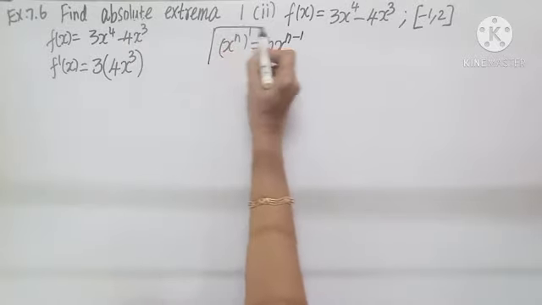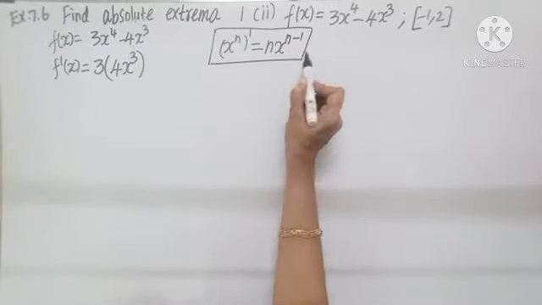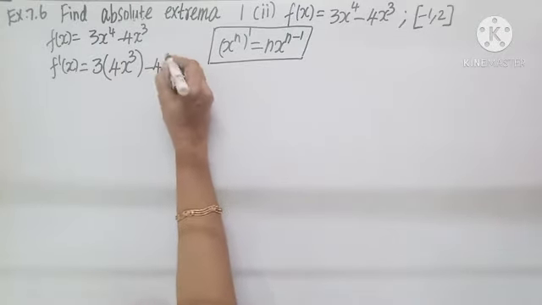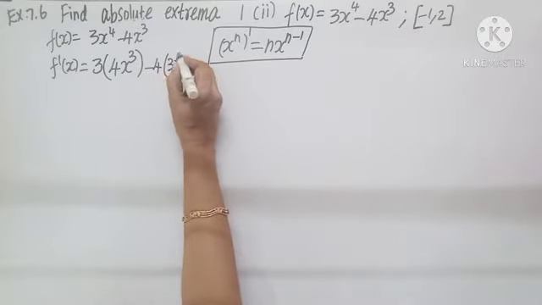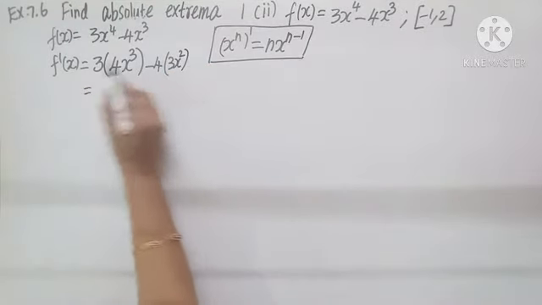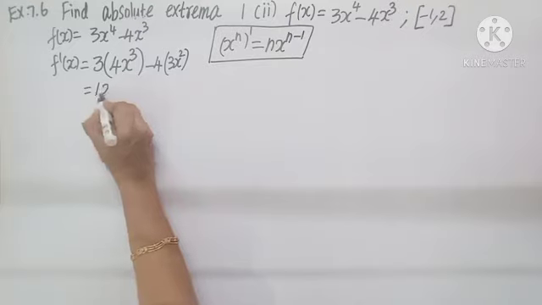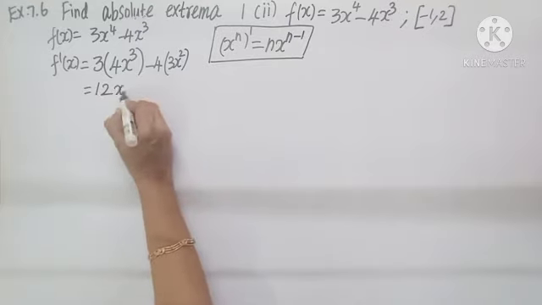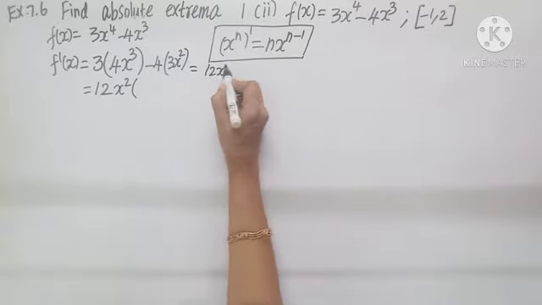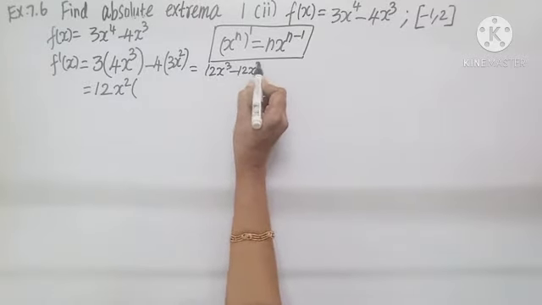So we apply the formula here. x power 4 becomes 4x cube, minus 4 into x cube becomes 3x squared. Multiply and write it in both. 12 is common, also x squared common. We are left with x minus 1.